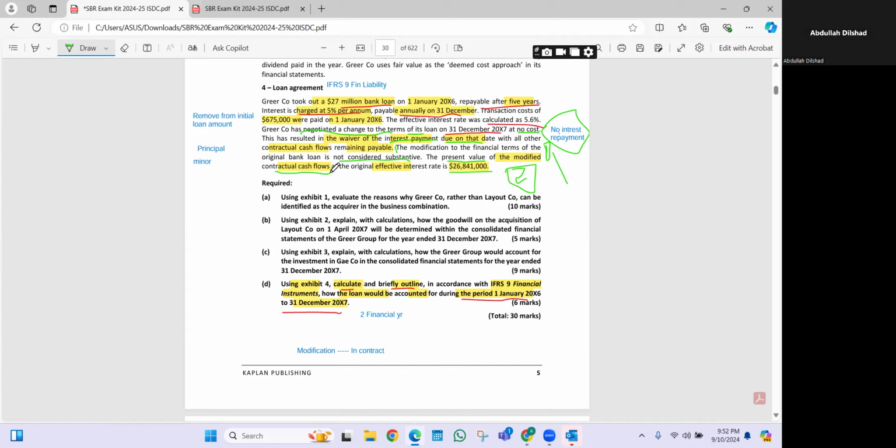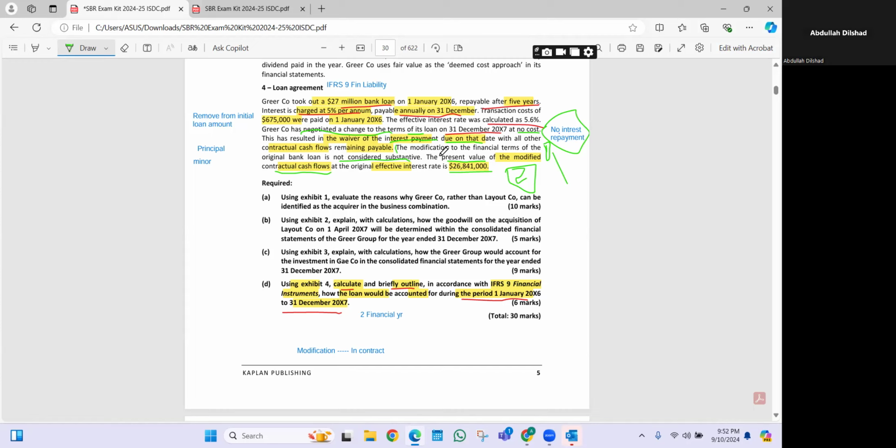Because of our modification, the present value was recalculated. Ideally, when you're doing a contract modification, you need to recalculate your carrying value.